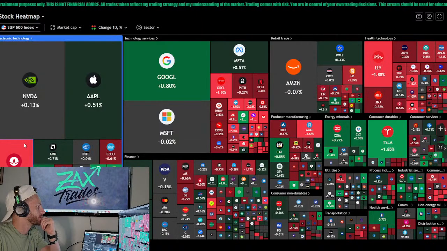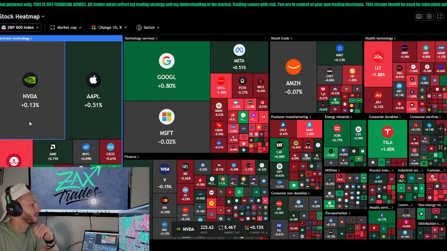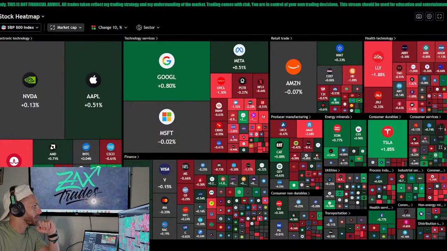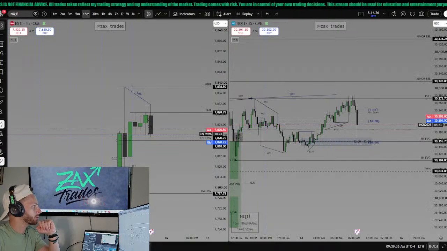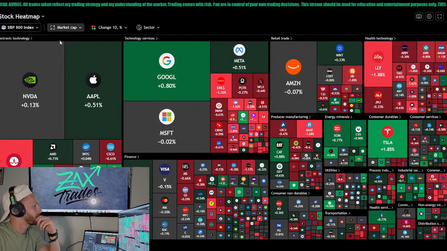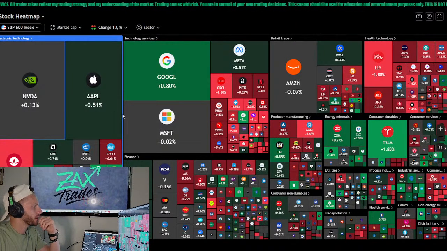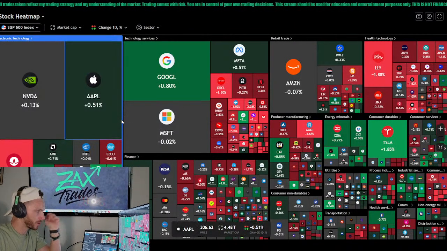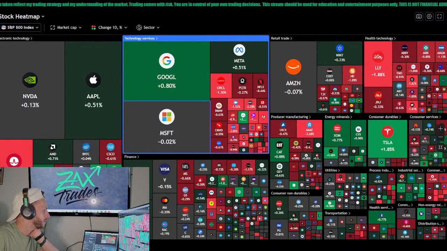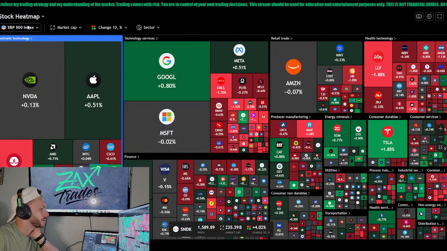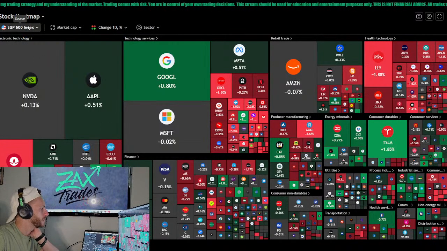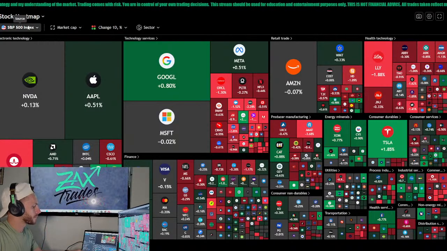On your TradingView, I'm using the desktop app, and if you create a new tab at the top, where your chart will automatically be a tab, if you hit that plus sign and make a new tab, one of the options is the heat map, and then you can change between the S&P and Nasdaq.